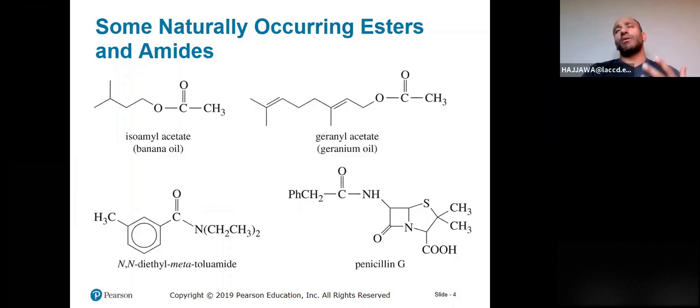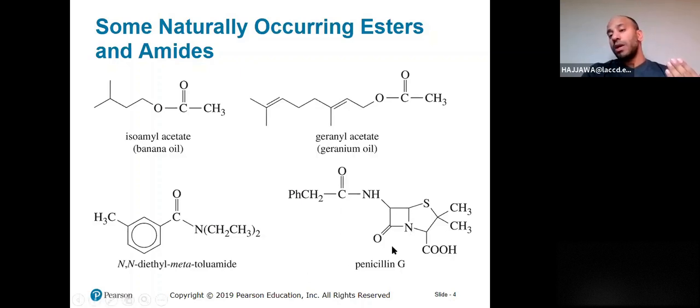These acid derivatives exist in a lot of structures that can be biologically active compounds, and they may exist in structures that give them a certain character, like for example banana oil or other perfume oils that do have smell. That's due to the fact that there is an ester group.